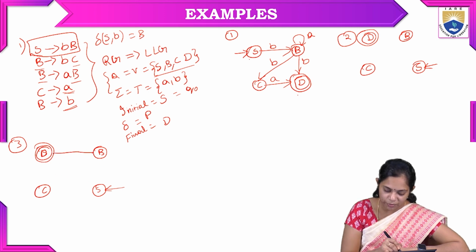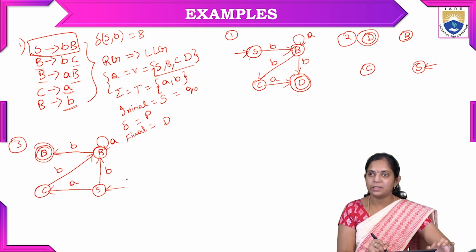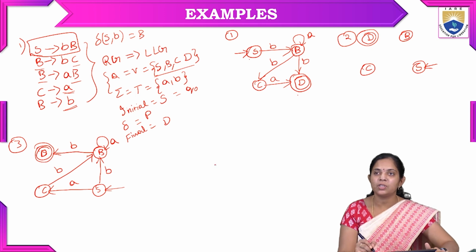So whenever it is having B as an input symbol, it is going this way. And here also from B state, the self loop is as it is. And here B, and next whenever it is having A input symbol. So this is how we reverse the edges of the first transition diagram.